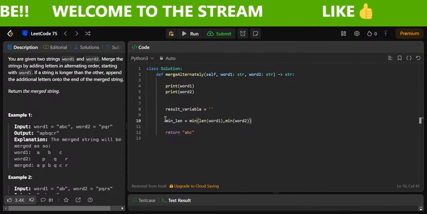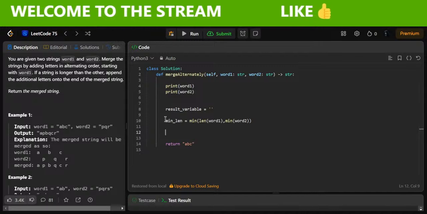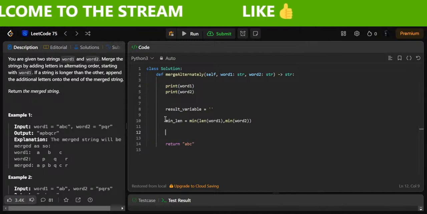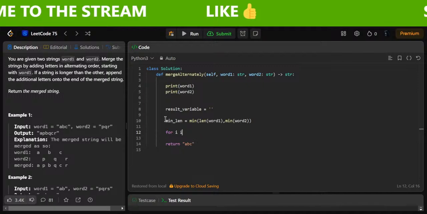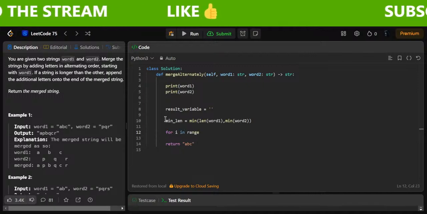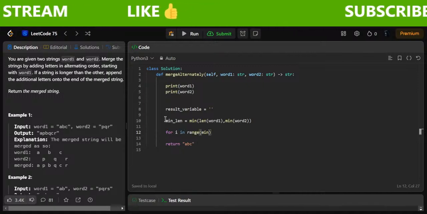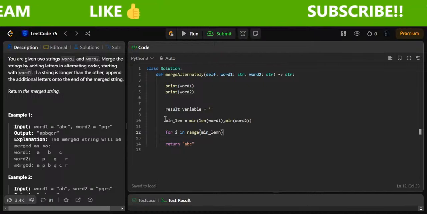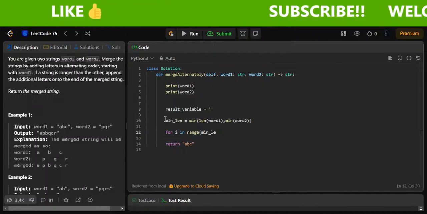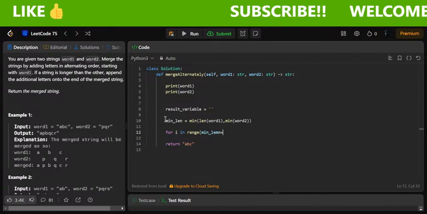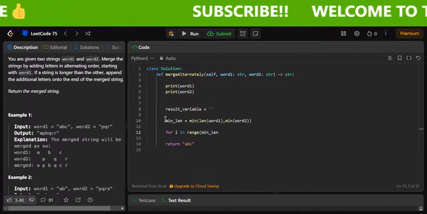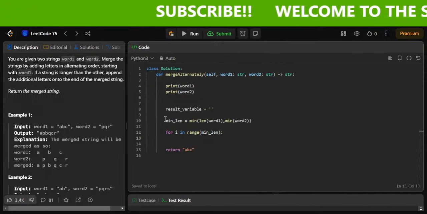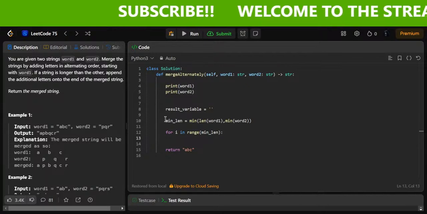Okay, the next line. Now I got the minimum value, so I can do for i in range of this min len. So I will get the value of i.